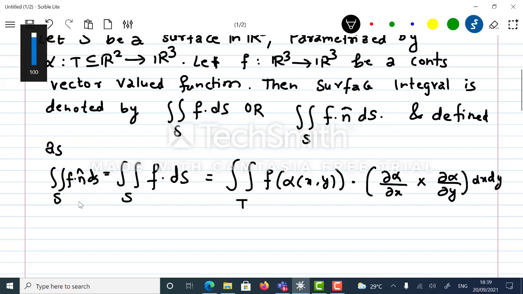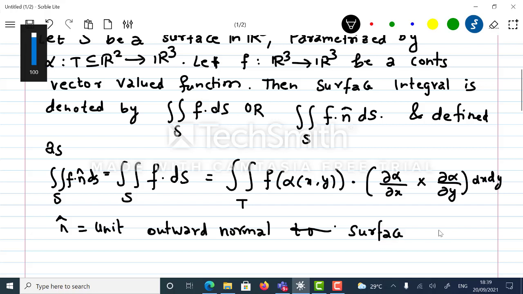So what is n cap here? N cap is the unit outward normal to surface S. In physics terms, this is also called flux.